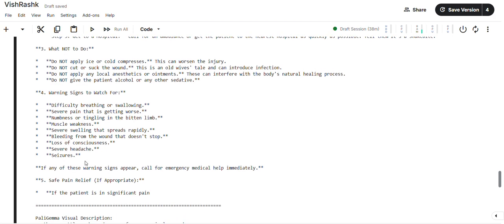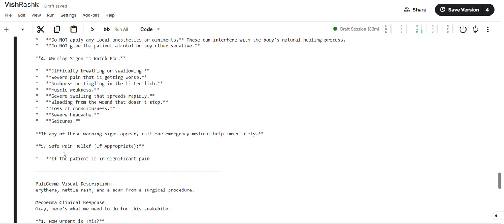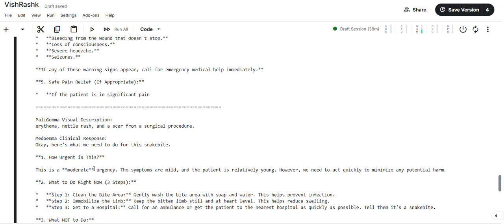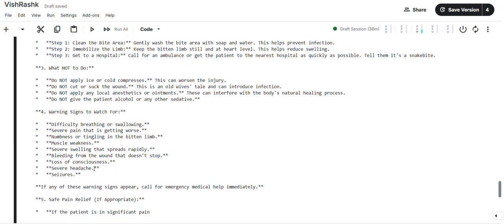It is also telling warning signs, like if the patient has severe pain, what to do if the situation worsens, and the warning signs to watch for when the situation is getting worse.